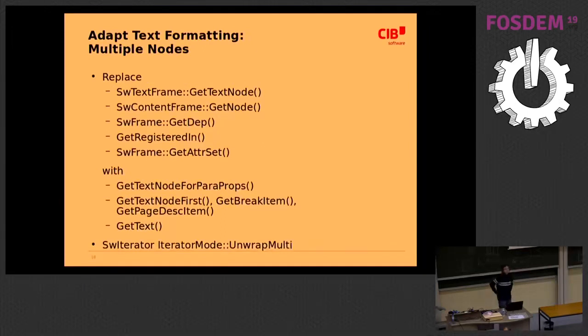Right, and then we have this other problem that we now have multiple nodes connected with the text frame instead of just one, and so we had to remove like 5 different functions from the text frame that all returned this one node and replace them with a couple of new functions that return the text node that is going to be used for the paragraph properties and the first text node, and also the text itself, which is now the merge text, which previously was also coming from the one text node.